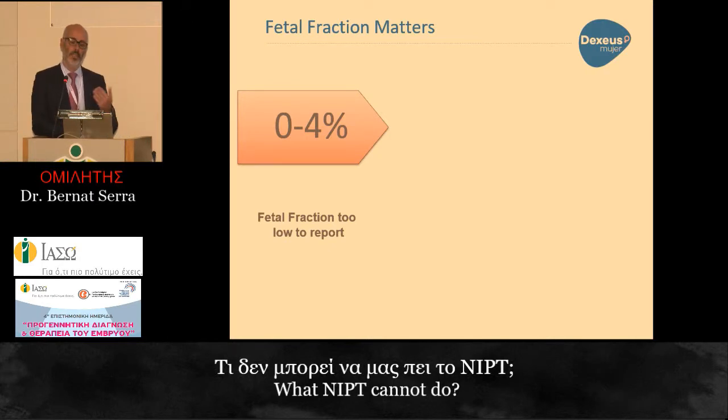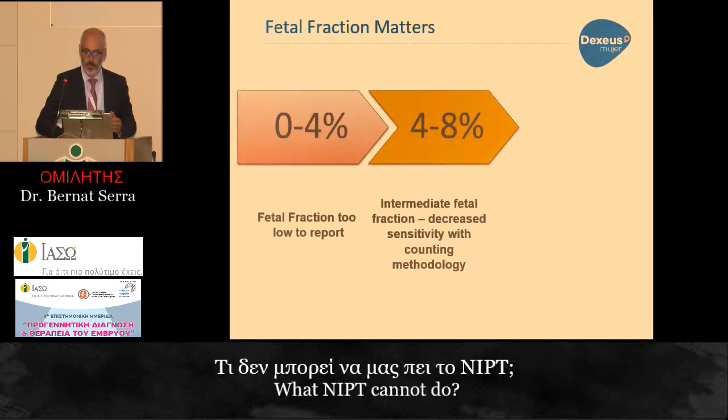Nowadays, no test gives us a result back if the fetal fraction is lower than 4%, although this will probably change in the near future as the technology improves. I think that in the near future they will release results with lower fetal fractions, but nowadays it is 4%. Between 4 and 8% of fetal fraction, these are considered intermediate fractions, and the test that uses the SNP approach works pretty well with these fractions, but if you use counting methods, the sensitivity may be reduced.